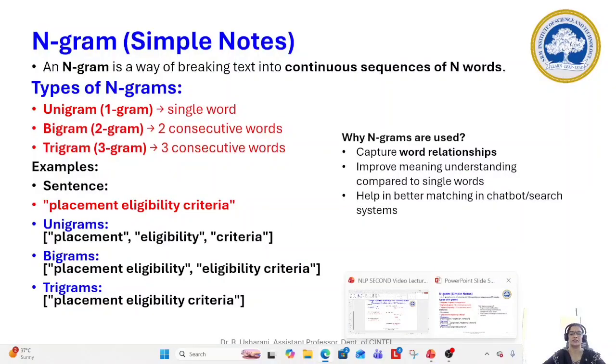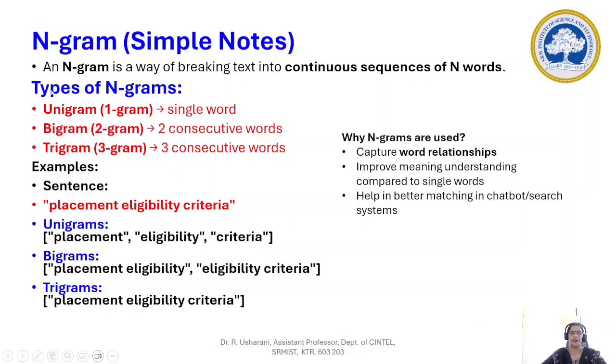Let us consider this. An n-gram is a way of breaking text into continuous sequences of n words. There are types of n-grams: unigram, bigram, and trigram. Unigram means a single word, bigram means two consecutive words, and trigram means three consecutive words. Consider an example: the sentence placement eligibility criteria, which we assume is a user-raised question.